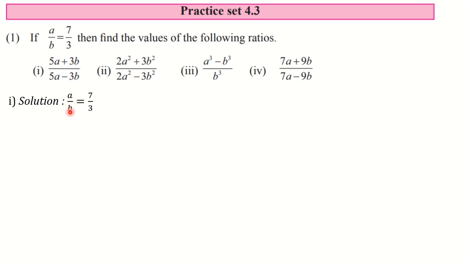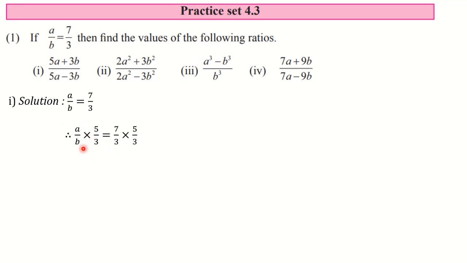Here the numerator is 5a and the denominator is 3b. So we should also convert this ratio to the form 5a upon 3b. That means we want 5 in the numerator and 3 in the denominator. So let us multiply both the sides of the ratio by 5 upon 3.